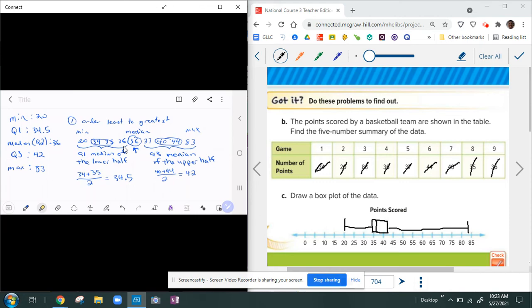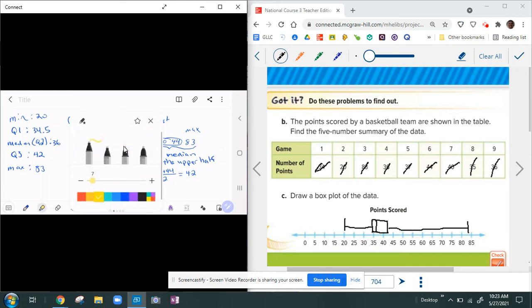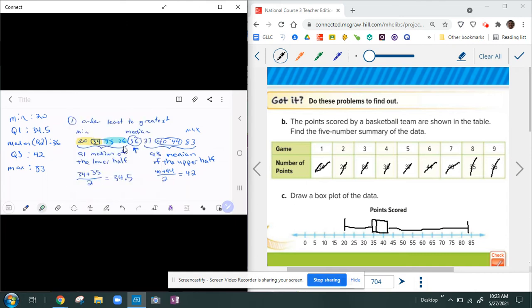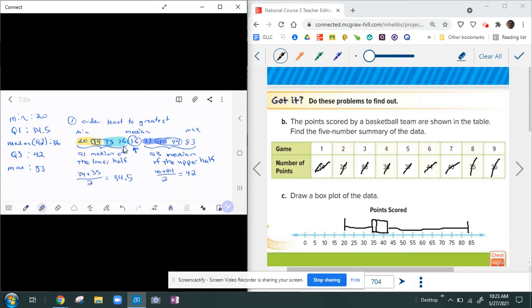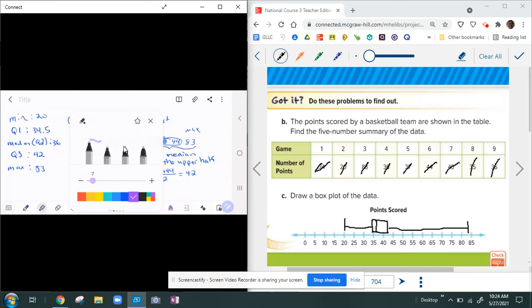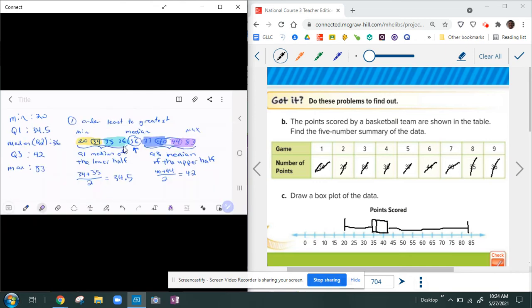These three quartiles cut it into four parts. So if we look at this, here's a part of the data, and then another quarter of the data, and another quarter, and another quarter of the data here. We're seeing how those quarters are spread out.